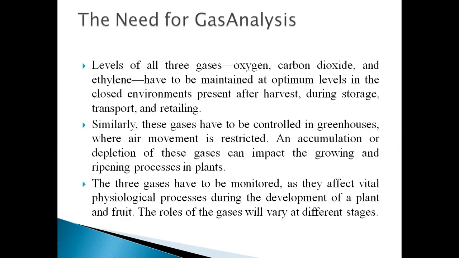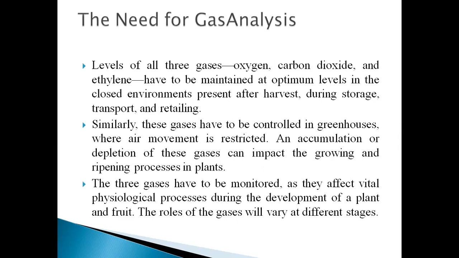What is the need of gas analysis? Levels of all three gases, oxygen, carbon dioxide, and ethylene, have to be maintained at optimum levels in the closed environments present after harvest, during storage, transport, and retailing. Similarly, these gases have to be controlled in greenhouses where air movement is restricted.